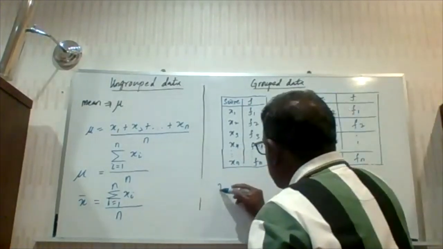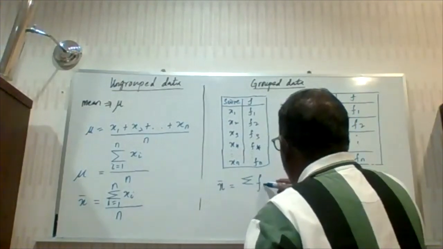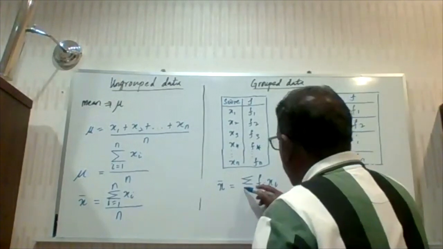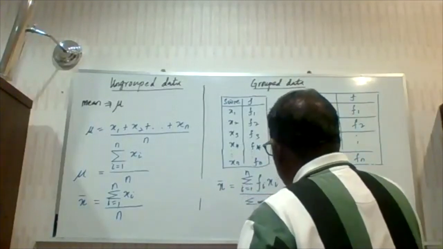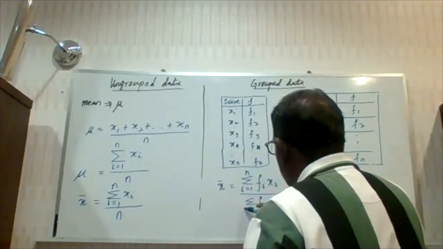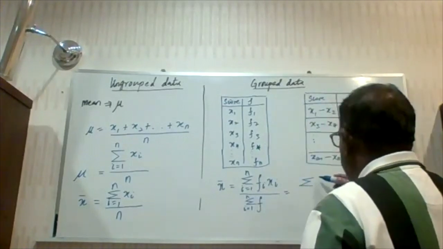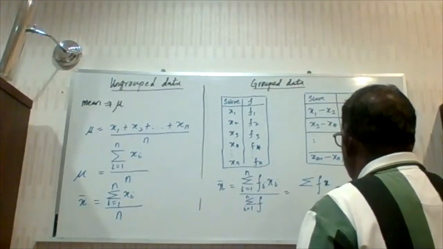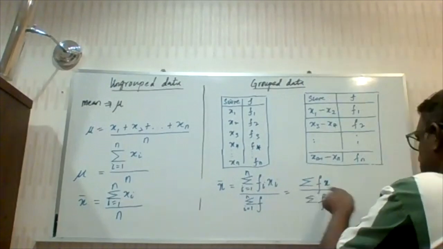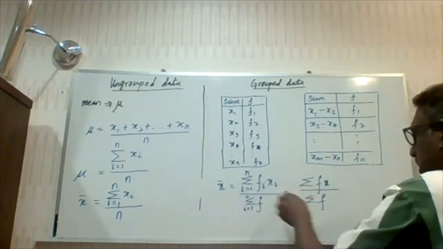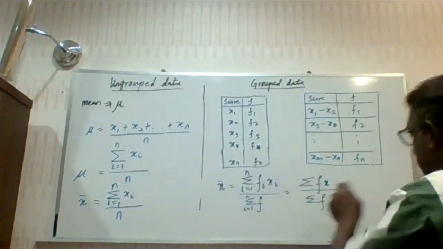So your mean is equal to sigma f xi, where i equals 1 to n, over sigma f, i equals 1 to n. Normally it is simplified as sigma fx over sigma f, knowing that it is 1 to n, so there is no need to put all this down. But in proper mathematics, you have to do that. I'm just simplifying it for you.